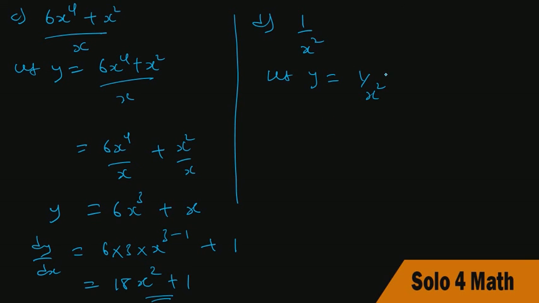If we express this as an index, removing that fraction, it becomes like the inverse of x squared, x to power negative 2. So when we differentiate, dy dx equals the negative 2 comes down, and this becomes x to power negative 2 minus 1, which is x to power negative 3, giving us negative 2 over x cubed.